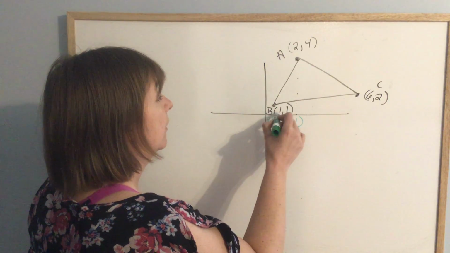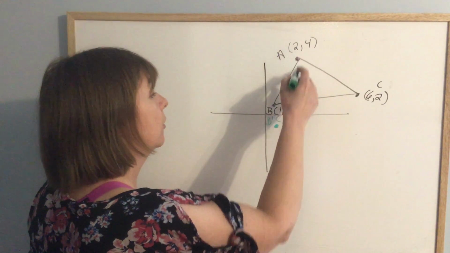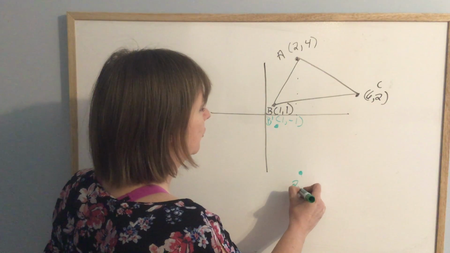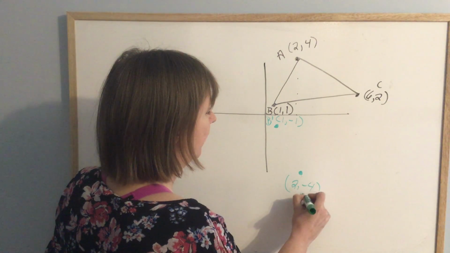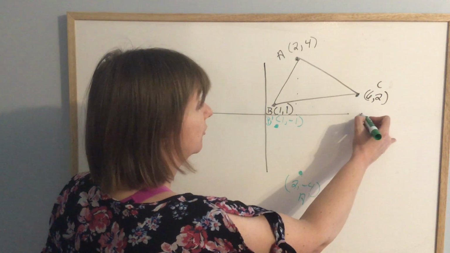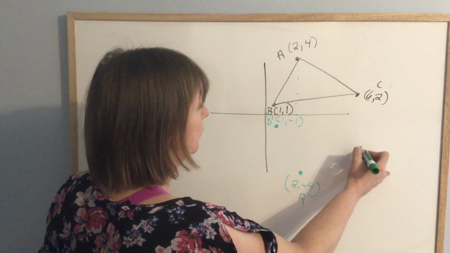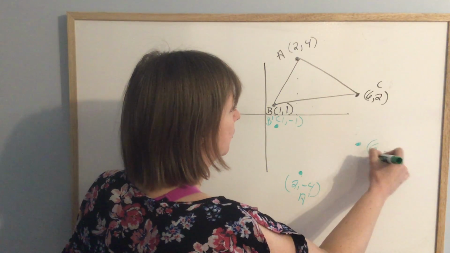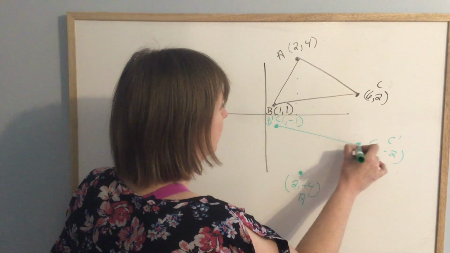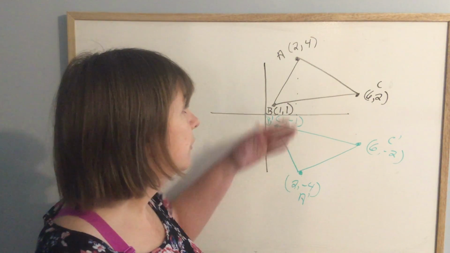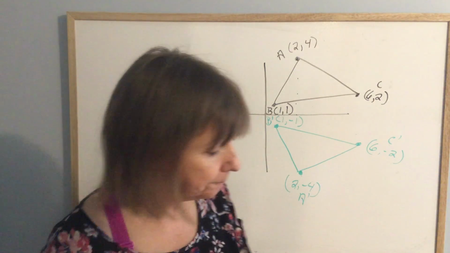For point A, I'm still going to go over 2, but I'm going to go down 4. So it's going to be at (2, -4). That is A prime. And C prime is still going to go forward 6, but we're going to go down 2. So it's going to be at (6, -2). So that is C prime. So it's just been flipped.